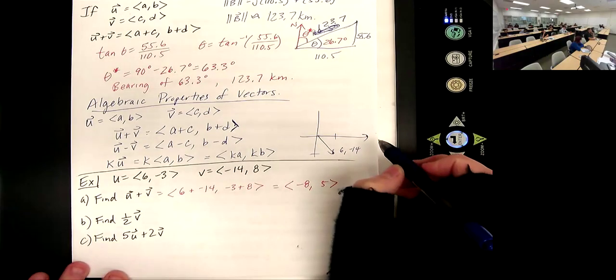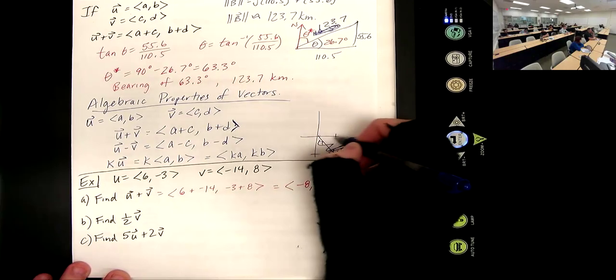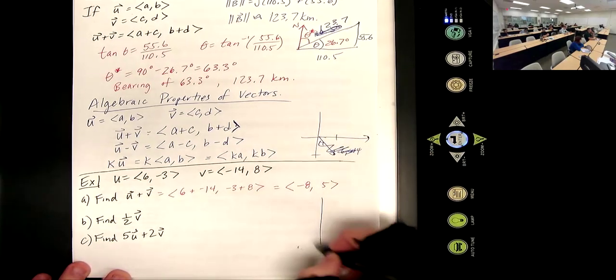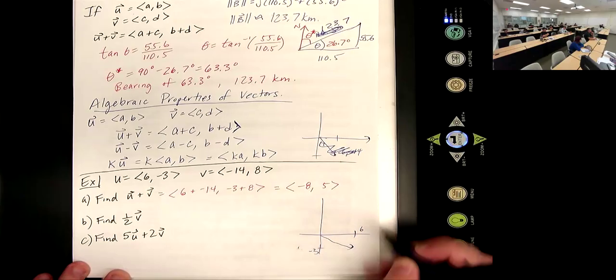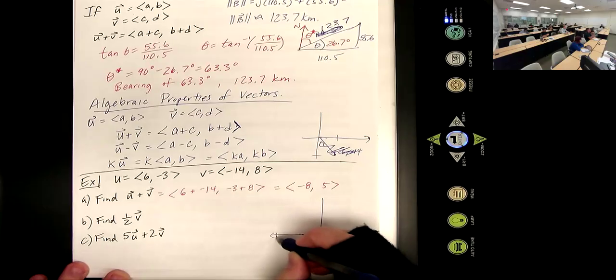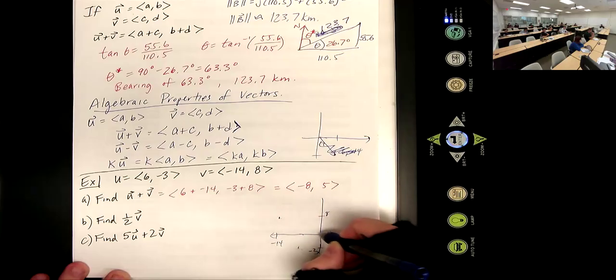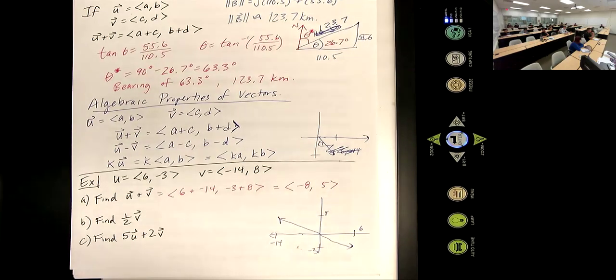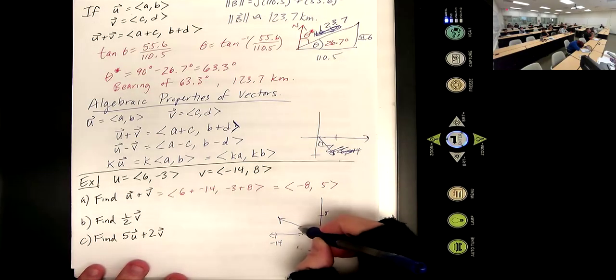Let's try that again. 6, -3 is down there, and we're adding -14, 8, which is up here. And when we add the vectors, we end up with -8, 5, kind of like that.